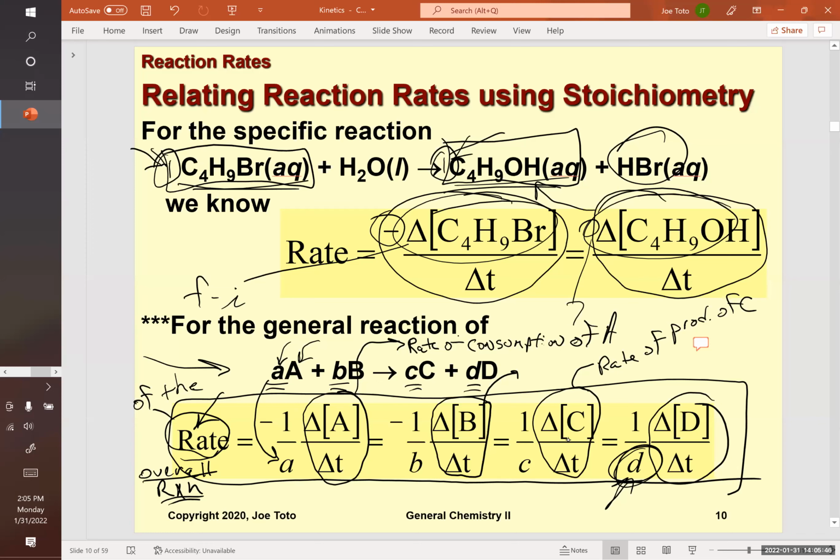Furthermore, if I'm given this rate of production of, say, 10 molarities per second of HBr, I can calculate the rate of production of this other product, or I can calculate the rate of consumption of anything else in that reaction. I can calculate all these just using their stoichiometric coefficients. Okay, any questions on that?